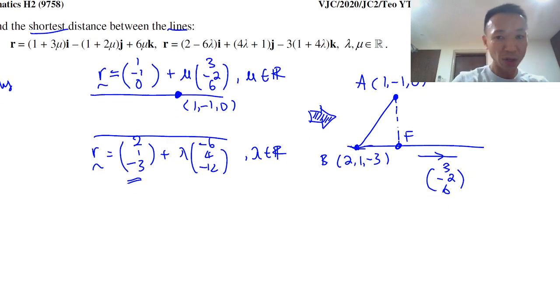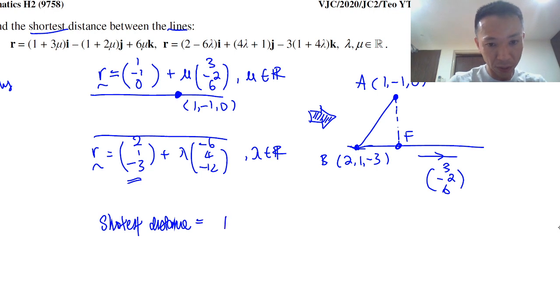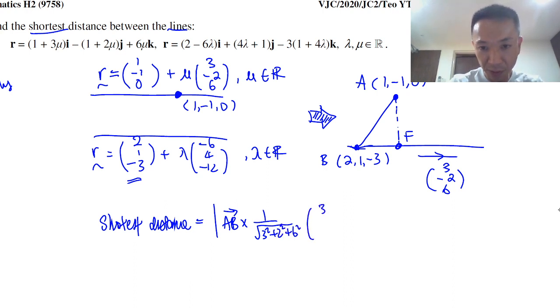So the shortest distance equals AB cross unit vector of this one, which is 1 over square root of 3 squared plus 2 squared plus 6 squared, of 3, minus 2, 6.